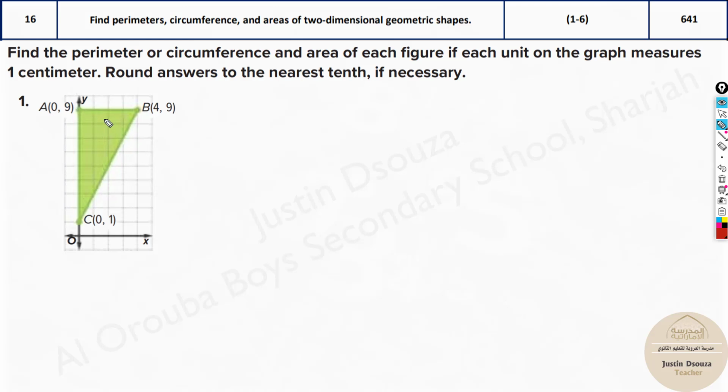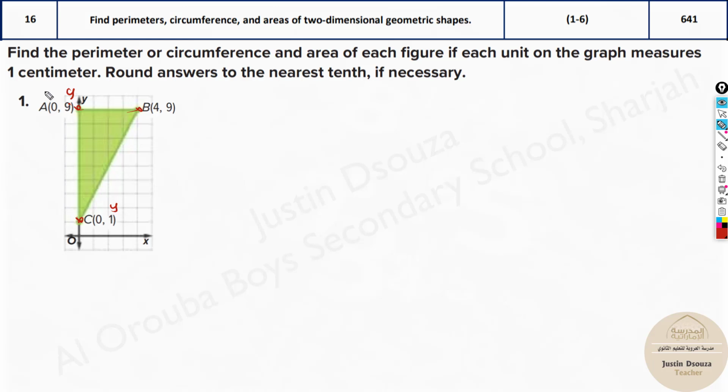Here we can see a two-dimensional figure. The perimeter here would be the sum of all these sides. You can count the sides from here to here, or you can just do 9 minus 1. It's the vertical distance, always the y axis.